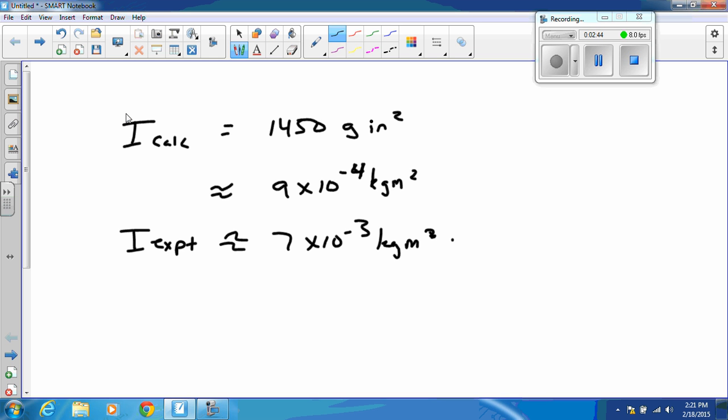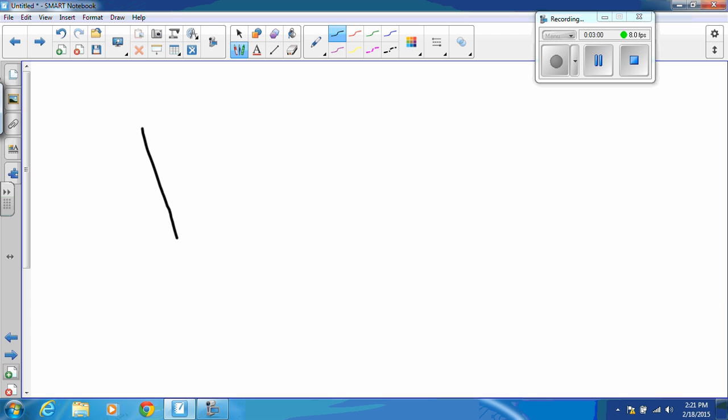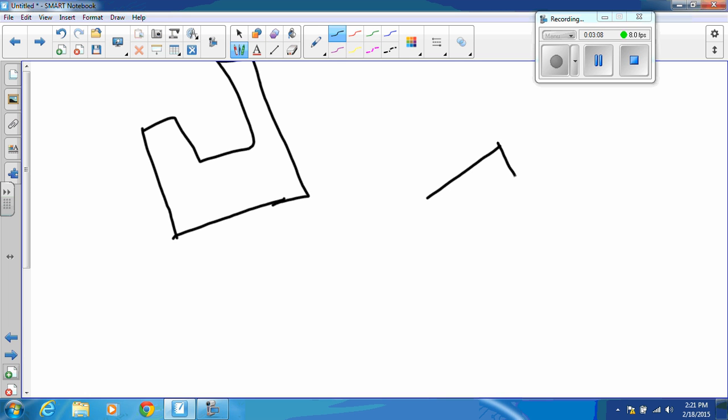Now that I have the string video, how do you use it to find the coordinates for the center of mass? You end up with these two different videos, right?